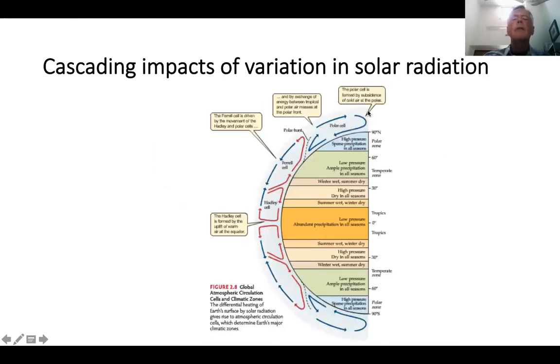If we go to the top of the Earth, exactly the opposite thing happens. This is the coldest place on Earth, all right? South Pole is the same thing, the coldest place on Earth. So instead of the air rising at the pole, it sinks at the poles, all right? And when it hits the surface of the Earth, it is pushed toward the equator in the North Pole and in the South Pole.